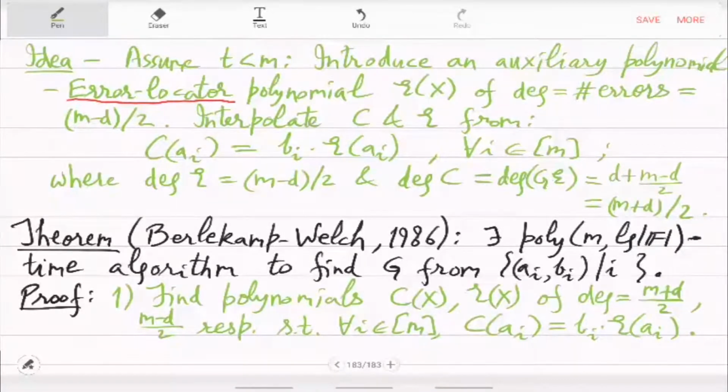Note that this is a linear system. So from the linear system you can find a solution, right? You just need to use a linear system solver, and that will give you polynomials C(X) and E(X). And then you just output. So the understanding was that C is G times E. So you just output the ratio.